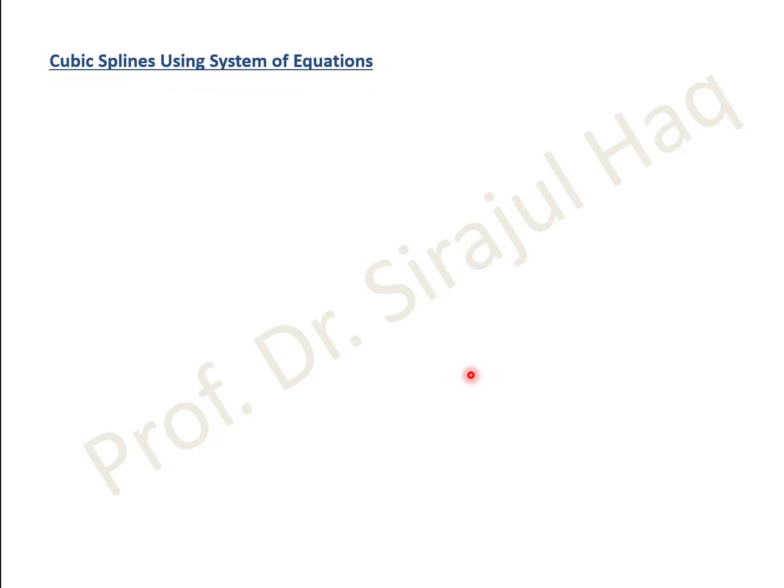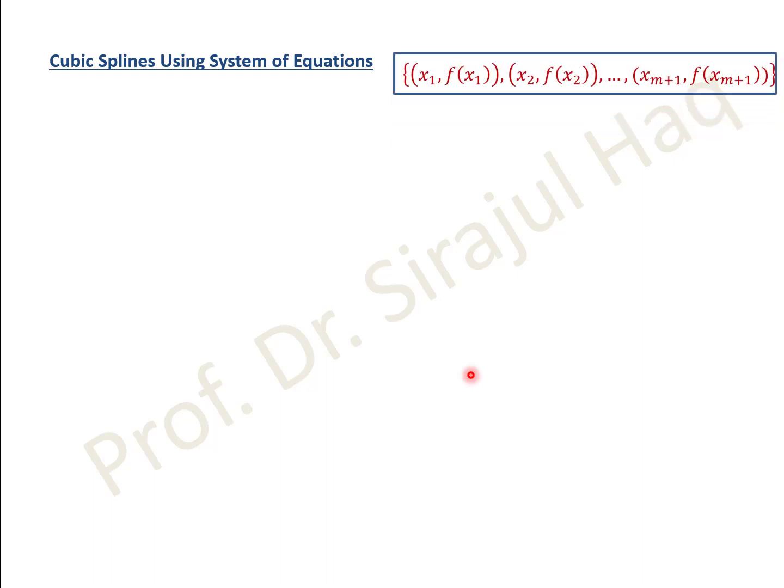Cubic splines using the system of equations. Let's assume we're having n plus m plus number of points. Why did I start from 1? Because if you write x of 0, MATLAB will not recognize a 0 or negative index.